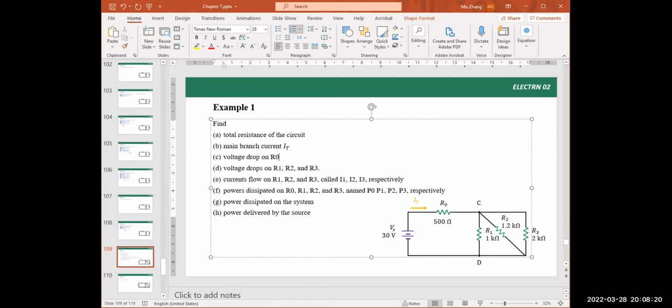So let's see how to create a breakout room. Let me see. Oh, there. So let me create one breakout room. And then, everyone, I will be back.